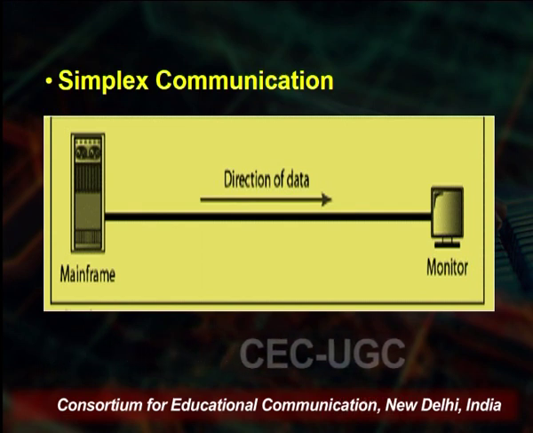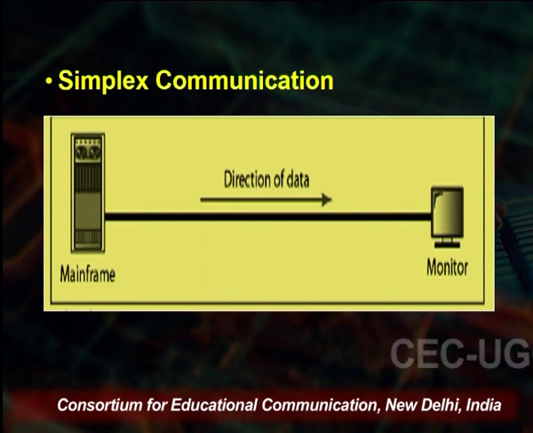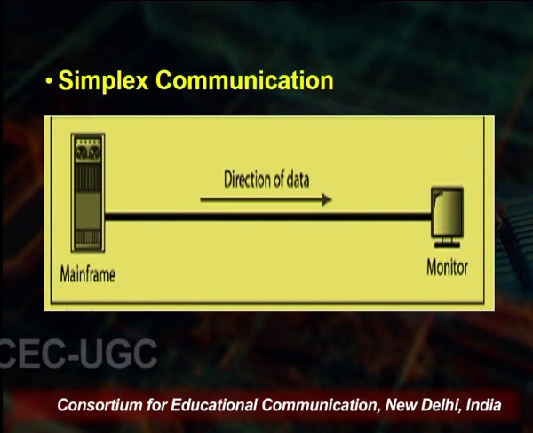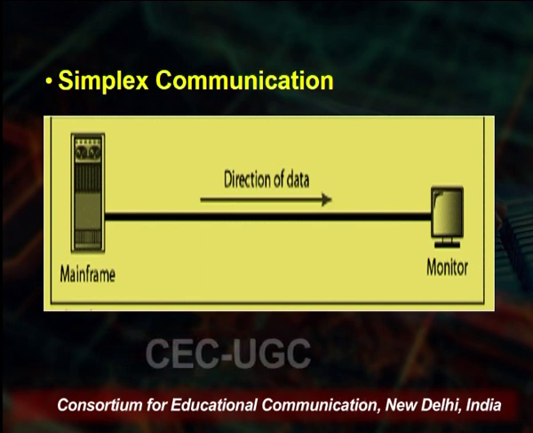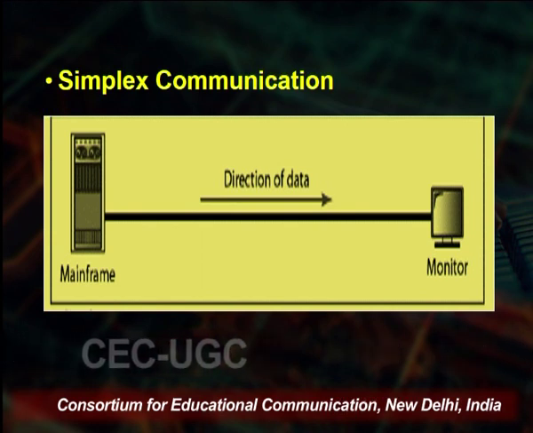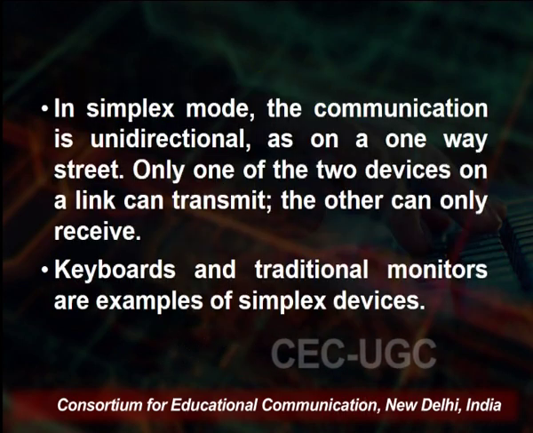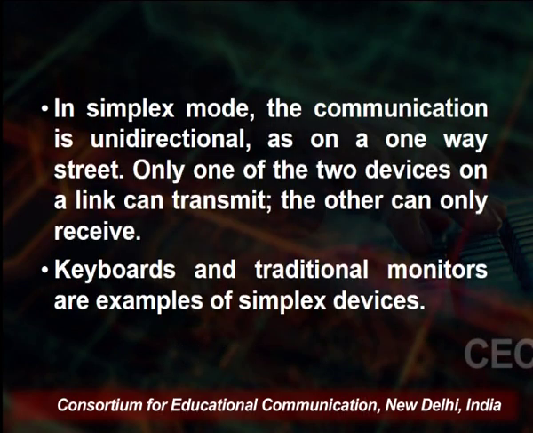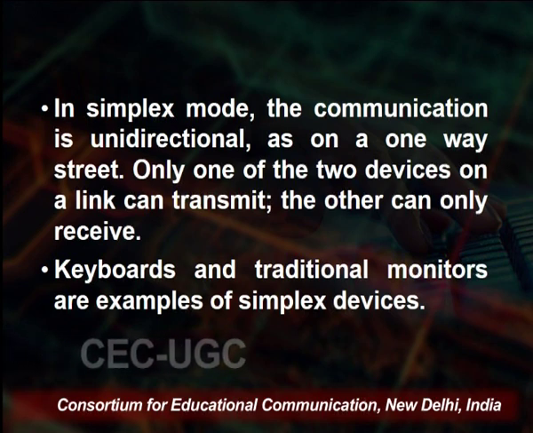The data is always passed from mainframe to monitor. Mainframe is in the sender position, monitor is in the receiver position. So, this is a simplex communication in which the communication is unidirectional. We can say it is just a one-way street.